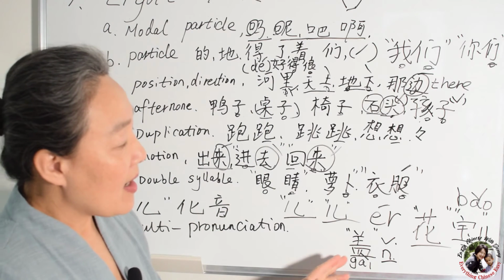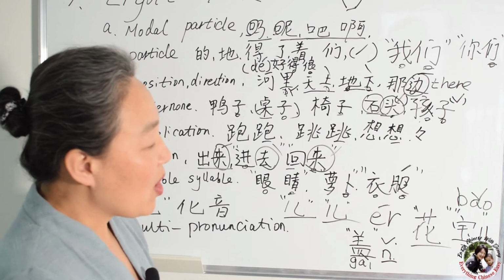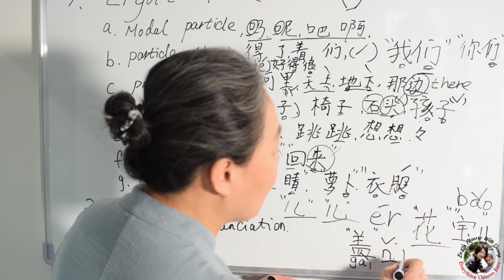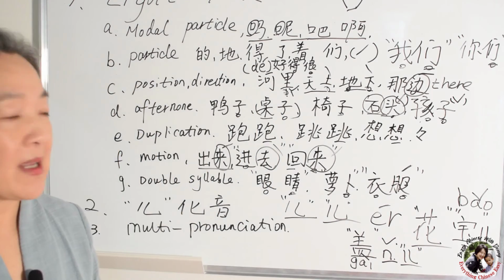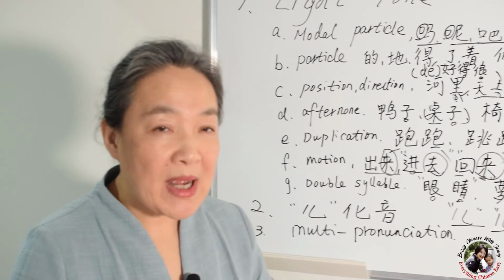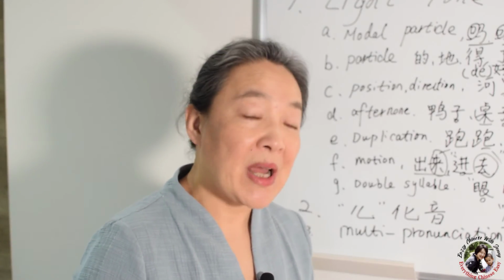However, when you say it as a lid noun, you always add this pronunciation at the end, 盖儿. And in future, when we practice these sentences, we will learn more and practice more.